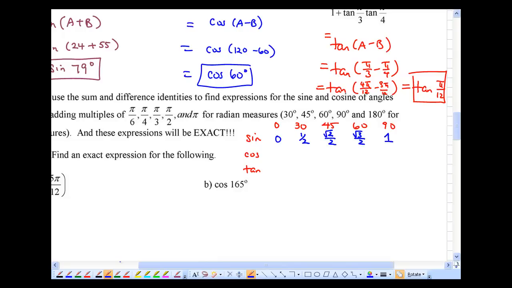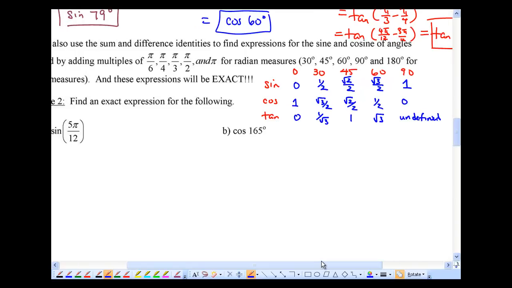Remember this? And cosine is just backwards, so you go 1, root 3 over 2, root 2 over 2, 1 over 2, 0. Remember how I told you in chapter 4 this stuff's going to come back? Well, guess what? It's coming back again. How about tangent? Well, that's just sine over cos, so that's 0, 1 over root 3, 1, root 3, undefined. Yes, it's back.